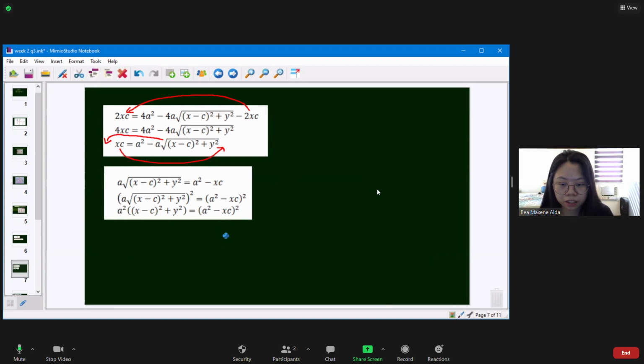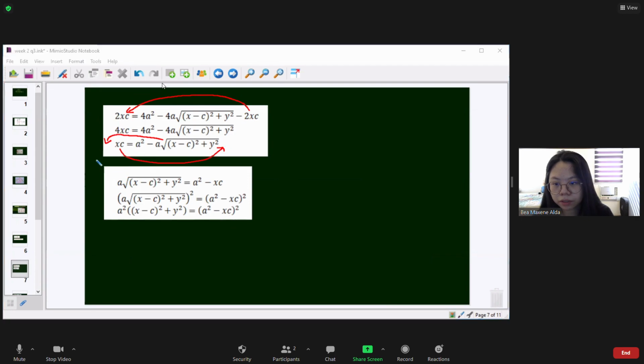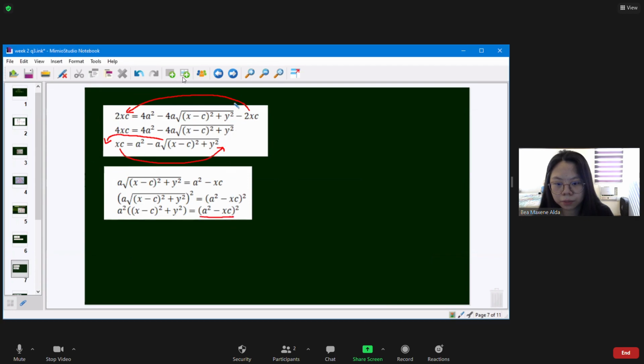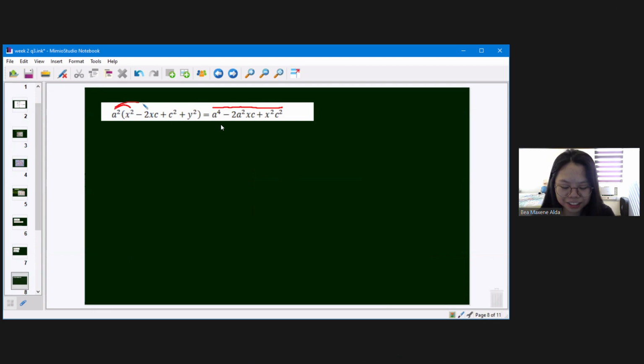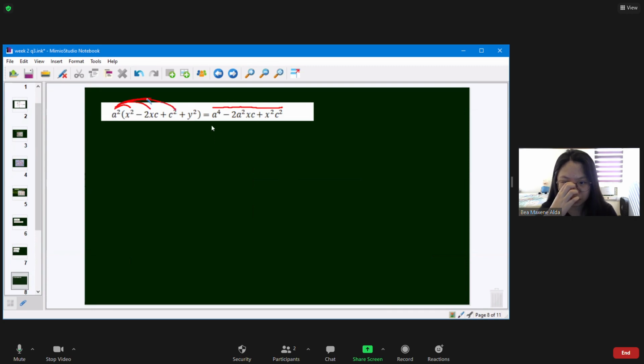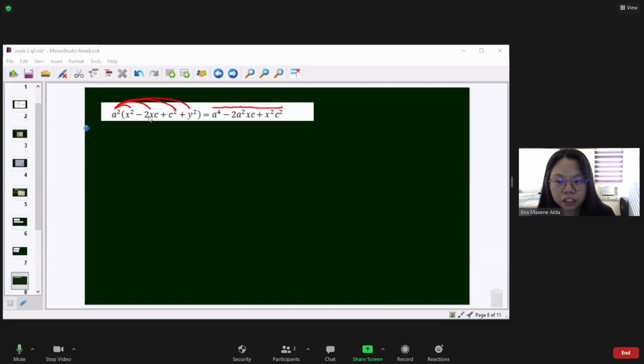So, let's expand that. From a minus xc squared is equal to this one over here. We've expanded. And then on the other side, i-distribute natin sa a squared.